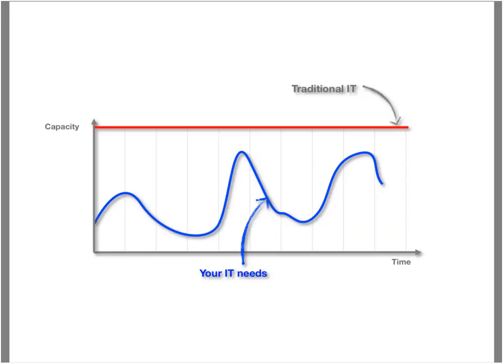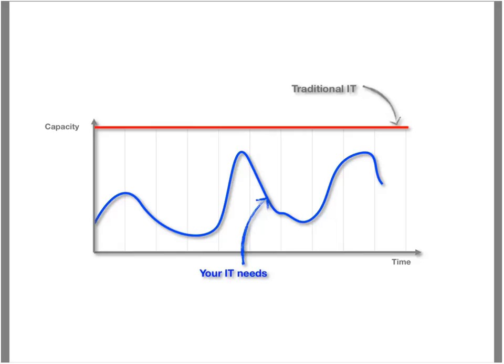Elastic capacity allows you to model your actual capabilities against your needs. So today, in an on-premises environment, what you're looking at is the red line, which is your capacity, what you have deployed in your data center, and your IT needs in the blue, which is really what you need as you need it. Maybe at 2 in the morning it's less, maybe at 4 in the afternoon it's higher, or maybe during buying season it's really high, maybe during tax season it's really high, depending on the business that you're doing.